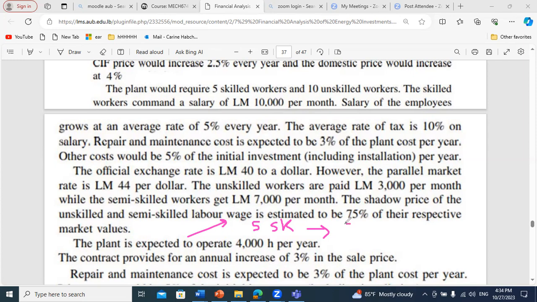So we have to consider 5 times 10,000 times 12. This will give us the cost in local money per year. Now, for the economic value, we should multiply by 90% because we have a tax rate of 10%. So here we multiply by 90%.